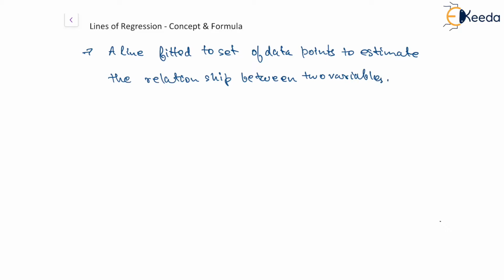So, it is a line fitted to a set of data. We'll be provided with a set of data and through which we'll estimate that there is certain relation between the two variables and will form a straight line or a regression line.